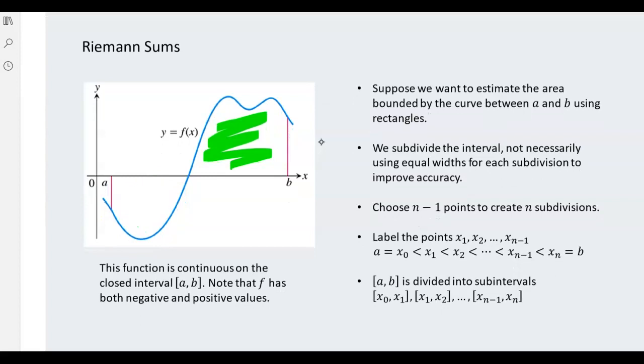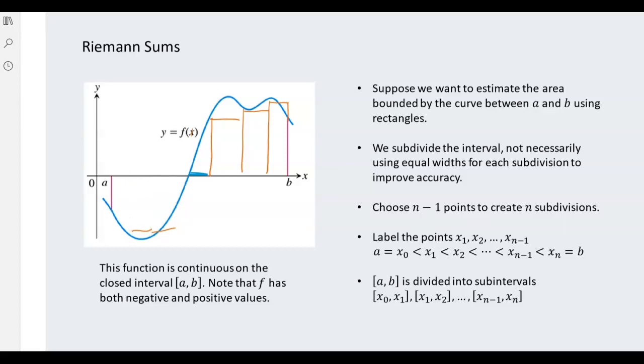We could subdivide this into rectangles like we did in the last section, but if we do, we don't necessarily get the best estimate, because anytime I pick a particular point for the height of a curve, I have different errors, whether it's an underestimate or an overestimate.